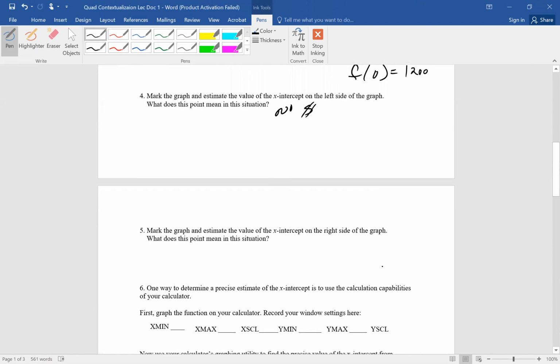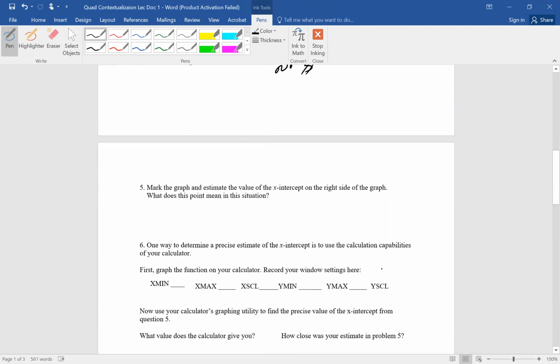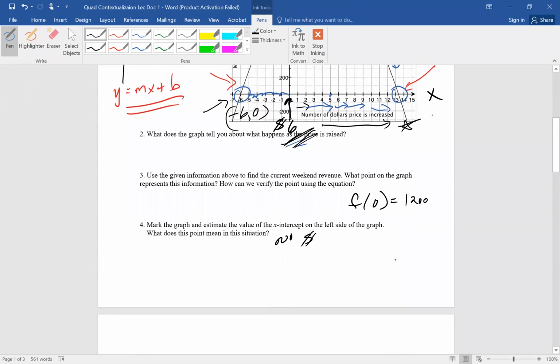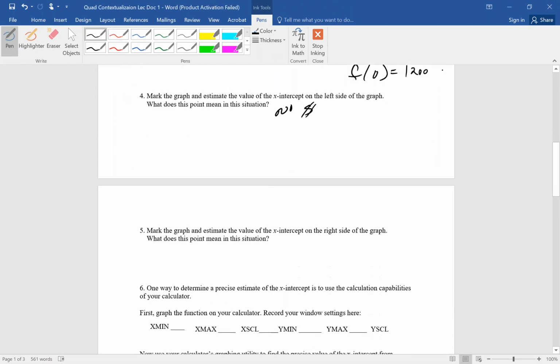Let's see if they have any other questions here. Mark the graph and estimate the value of the x-intercept on the right side. So on the right side, if we wanted to estimate that one, maybe (13.3, 0).